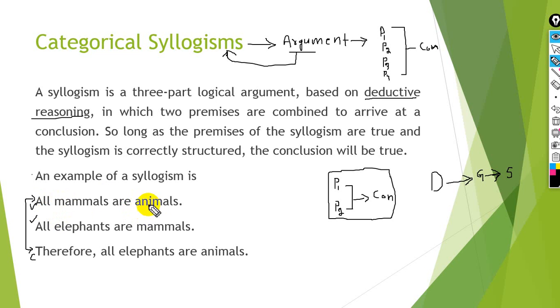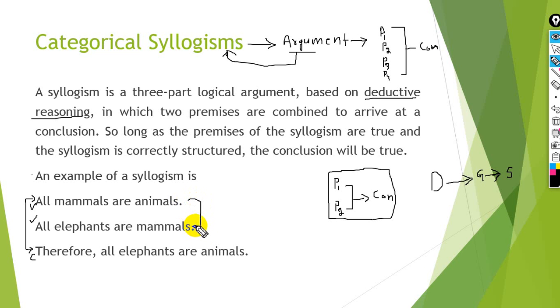Those types of animals we can say are mammals. So, all mammals are animals, a general statement. All elephants are mammals. So now we are trying to conclude the specific statement from these two premises.